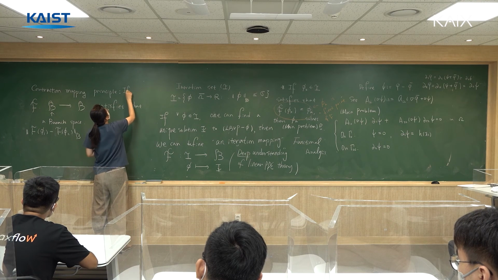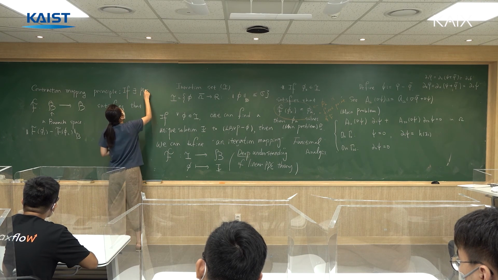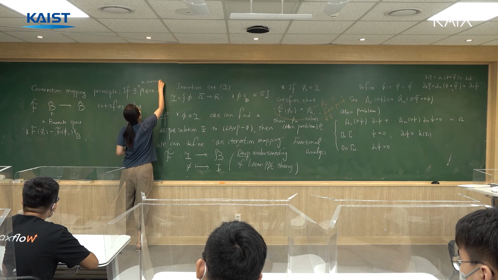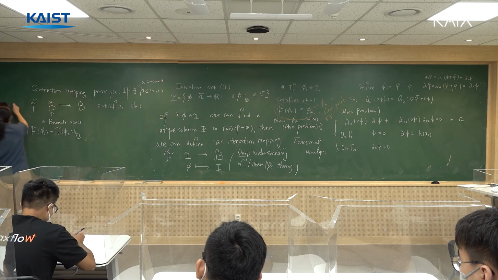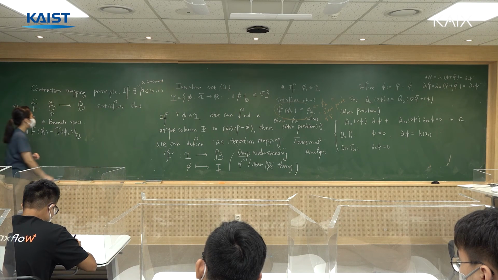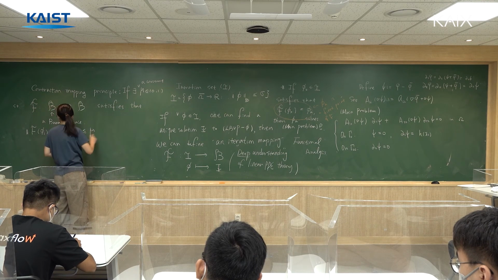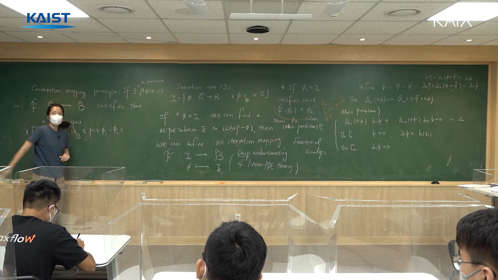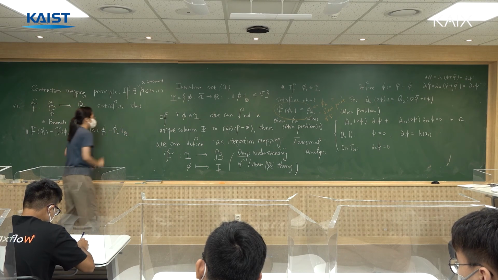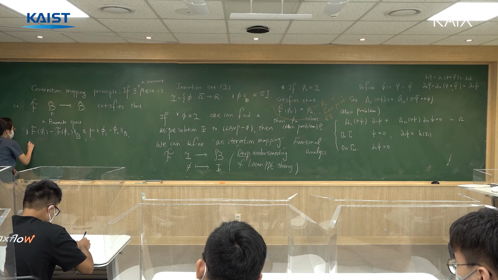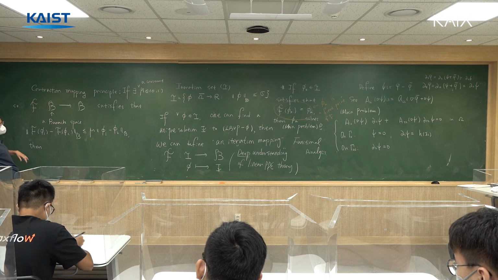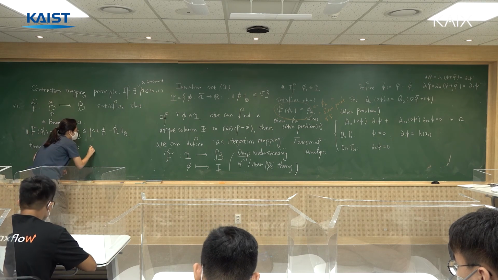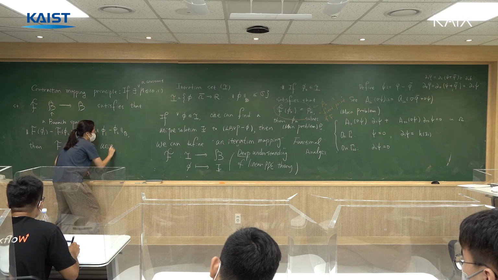So if there exists a constant mu less than 1, such that the mapping satisfies that this is less than or equal to mu times phi1 minus phi2 in the space B, okay, then F has a unique fixed point.